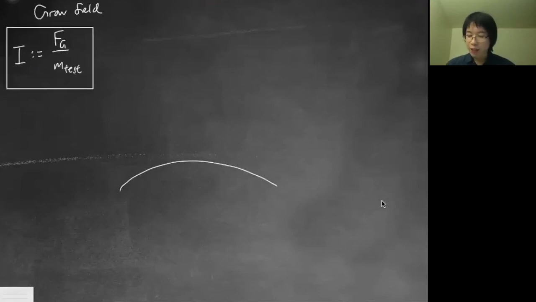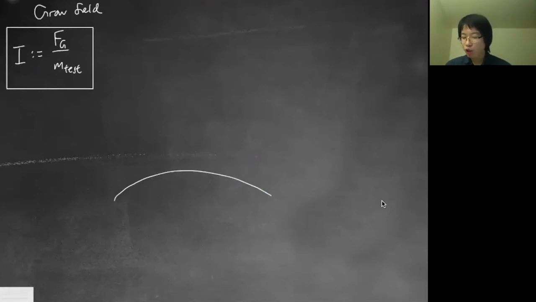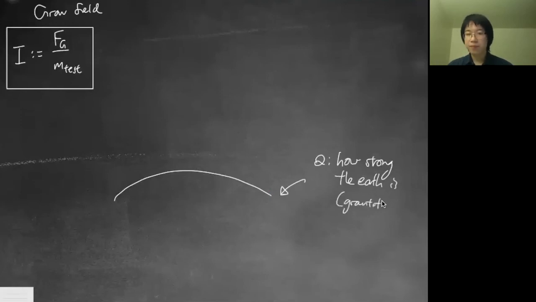So if I have the Earth over here, and my question is how strong the Earth is gravitationally, you go, oh, let me find a little weight over here to see what the force on the weight by the Earth is.